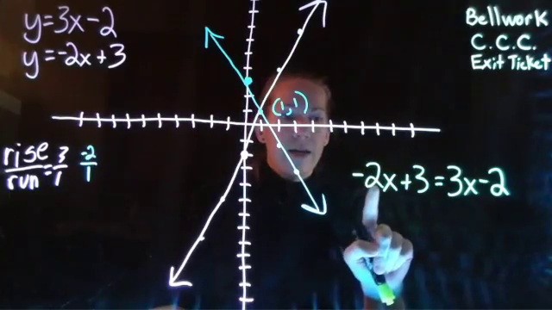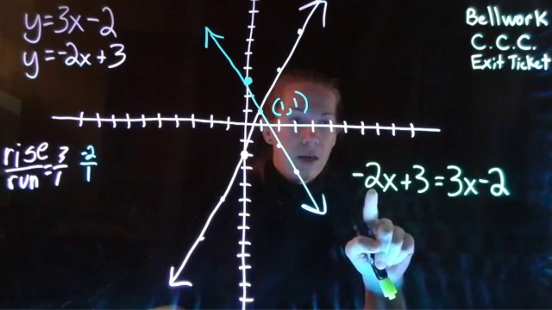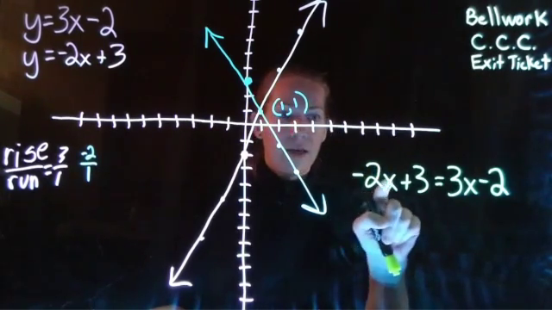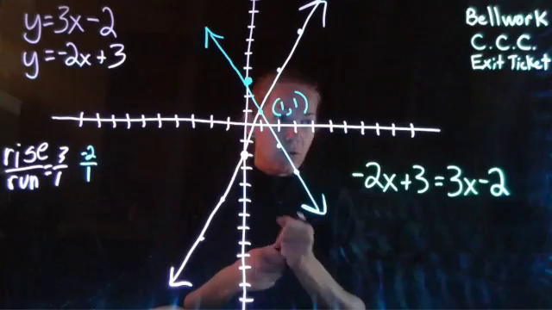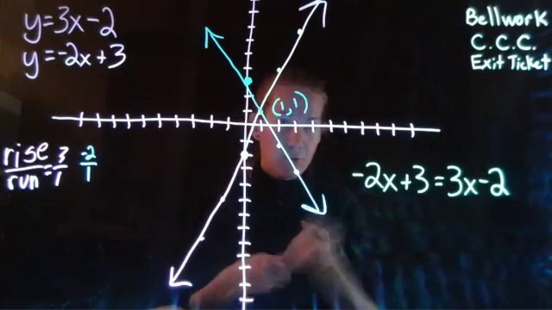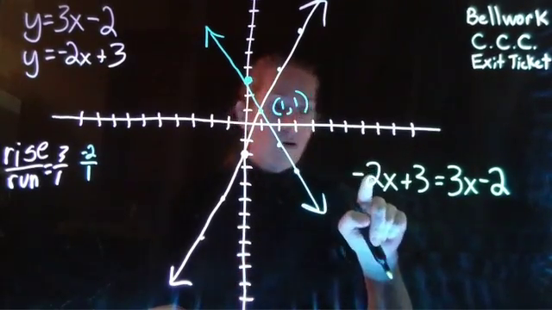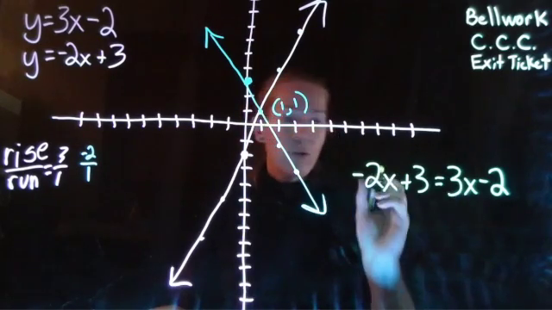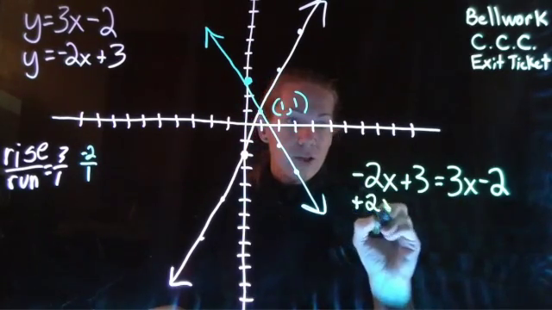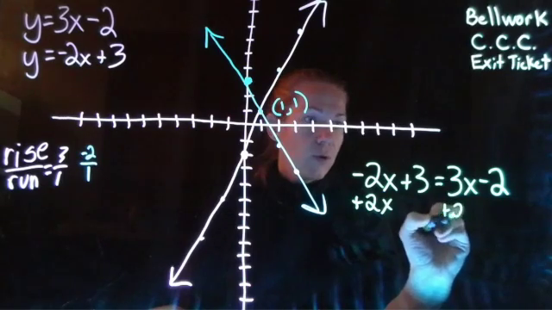I always like to move the x that has the least coefficient. In this case, negative 2 is less than 3. So to get all x's on the same side of the equation, I'm going to add 2x to both sides.